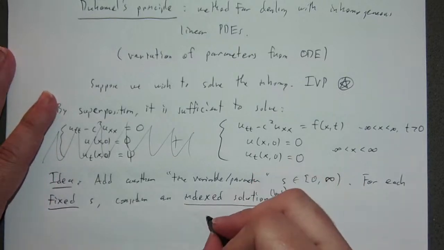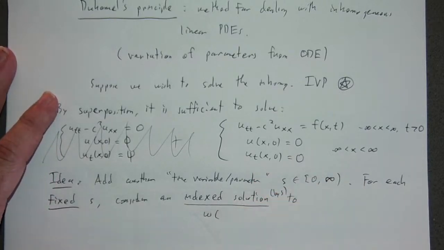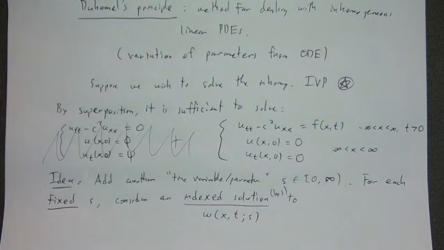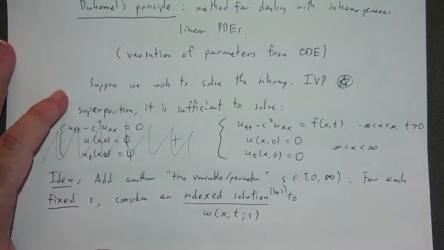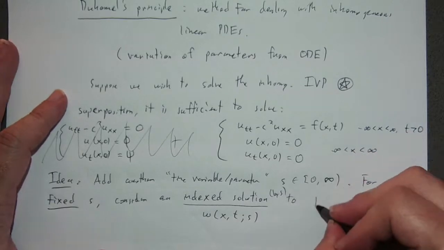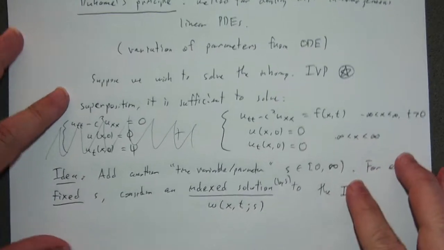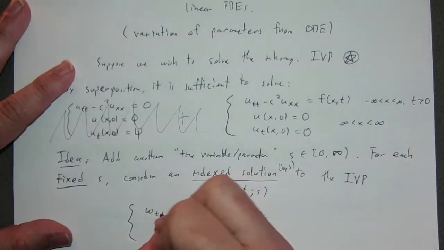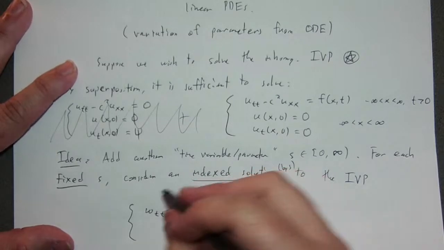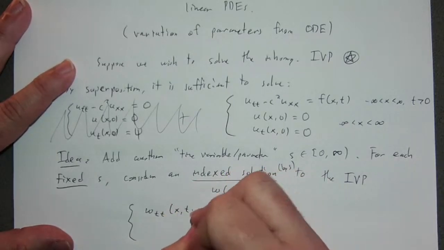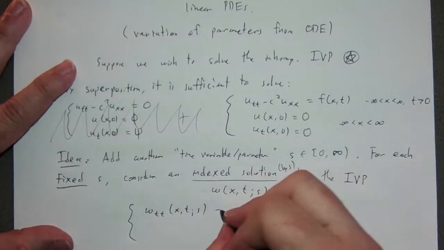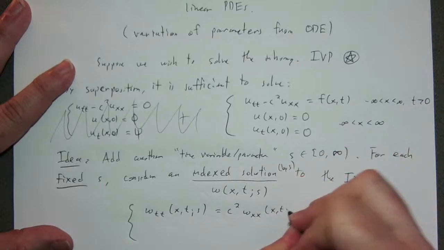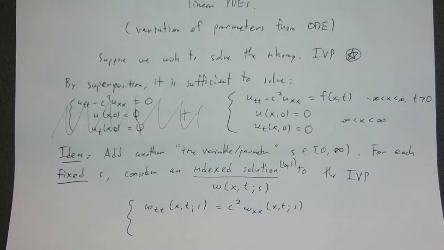And this indexed solution I'll denote as w(x,t; s), with the semicolon s to indicate that it is indexed by s, to the following IVP. So the IVP in question is w_tt(x,t;s) equals c squared w_xx(x,t;s), so the homogeneous wave equation.